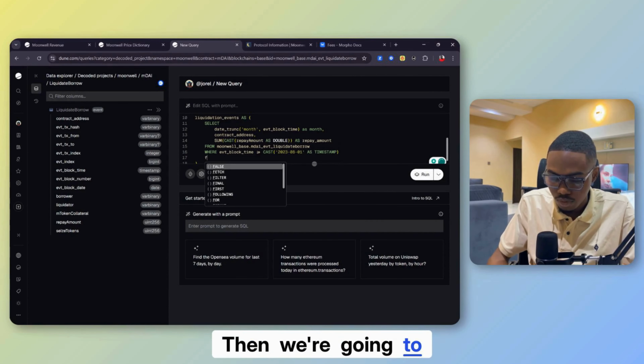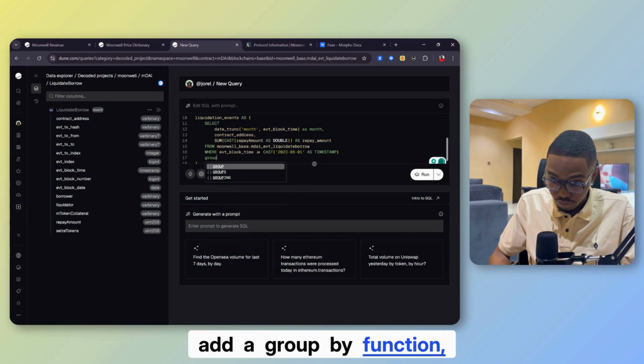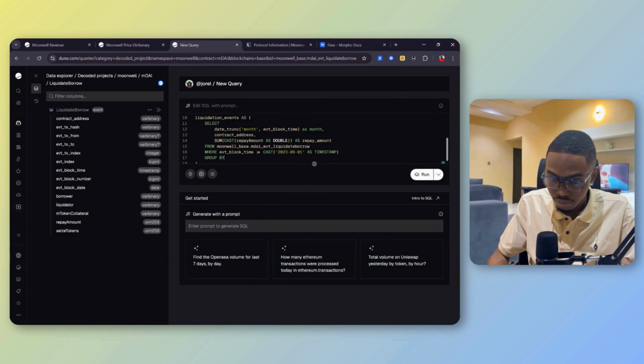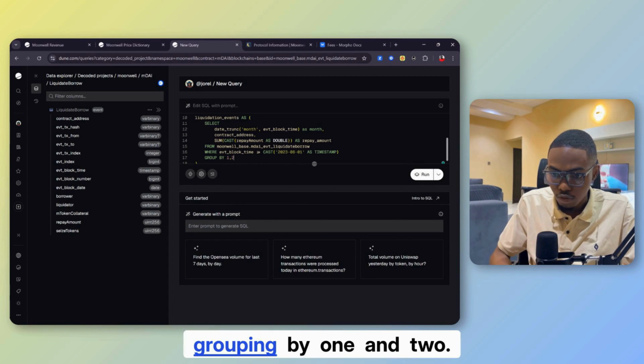Then we're going to add a group by, grouping by 1 and 2.